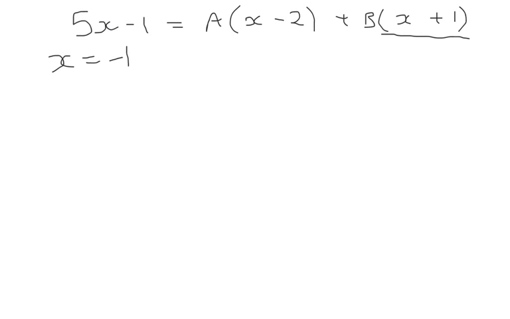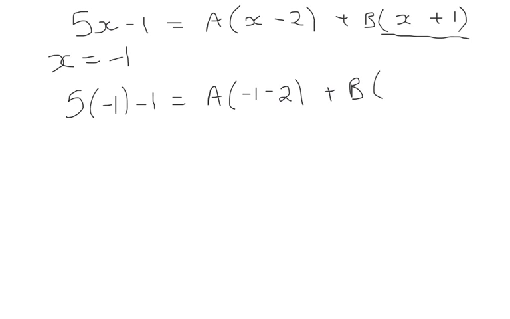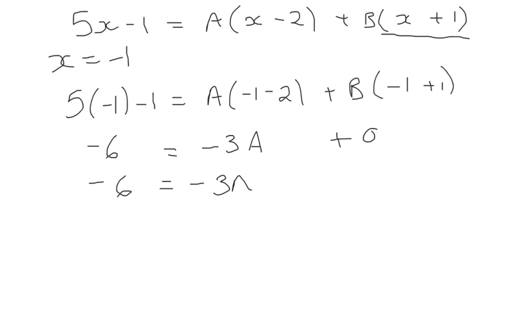Run x equals negative 1 through the equation. 5 times negative 1 subtract 1, a bracket negative 1 subtract 2 plus b multiplied by negative 1 add 1. 5 times negative 1 subtract 1 is negative 6. This is negative 3 times a. This part ends up being 0. So negative 6 equals negative 3a, and a equals 2.